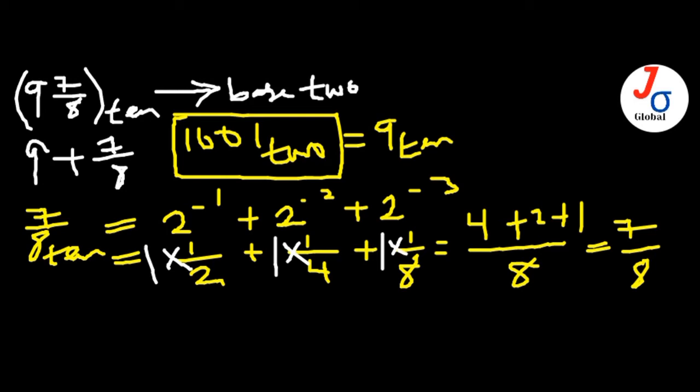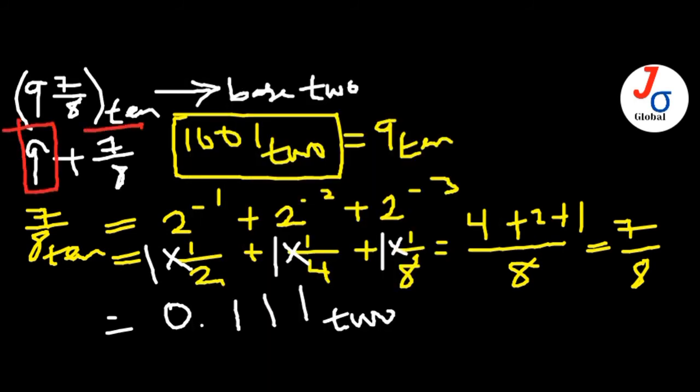So therefore, this 7 over 8 is actually 0.111 base 2. That's 7 over 8. 0.111 base 2.